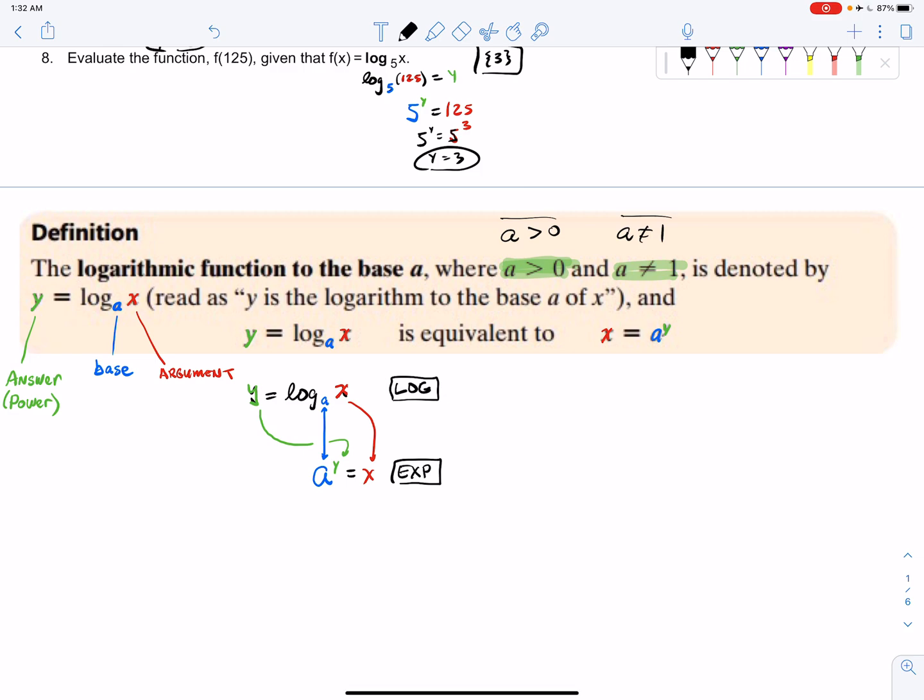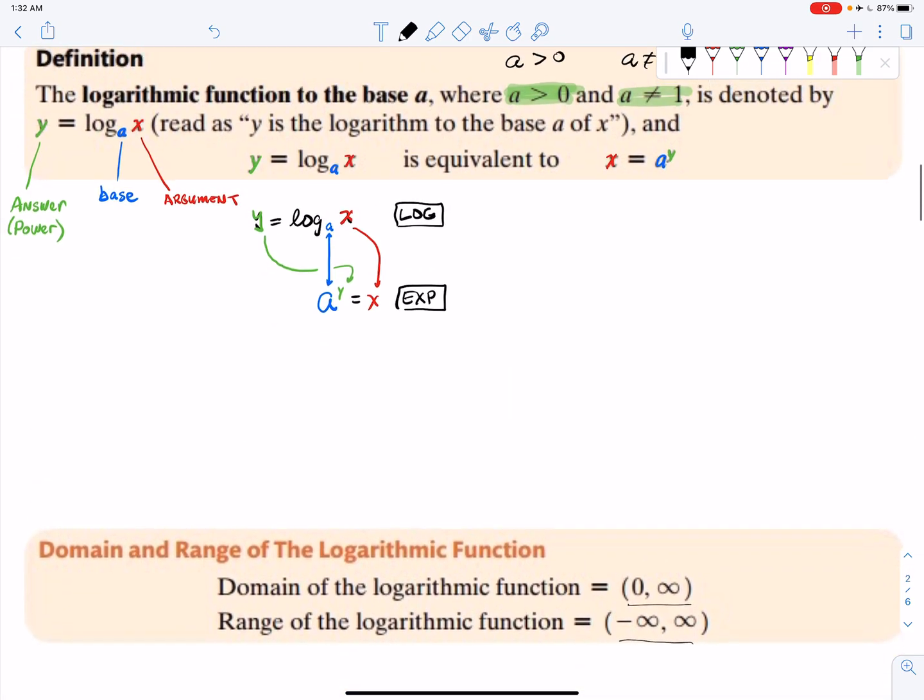So a cannot equal 1 and a must be greater than 0. So if you have something that's breaking that rule, a negative a value, or a equals 1, then that would actually be extraneous.